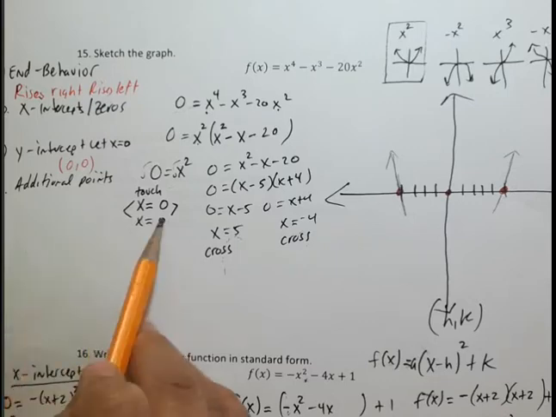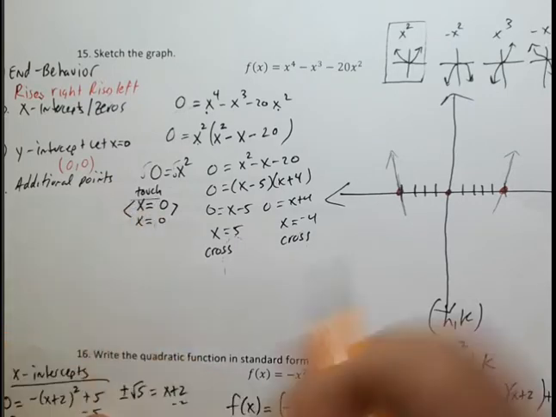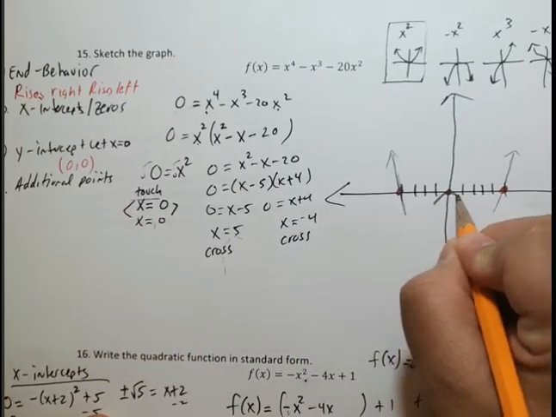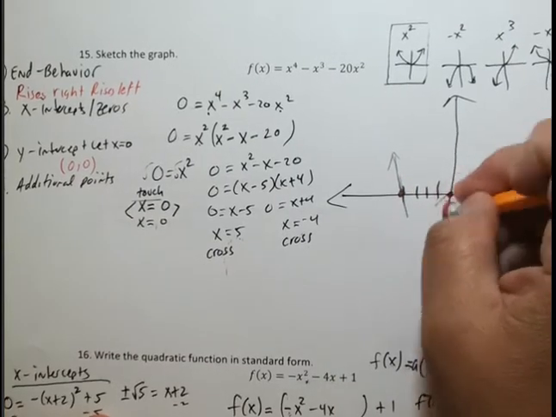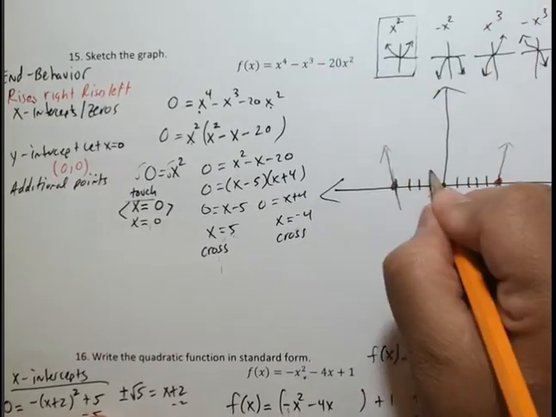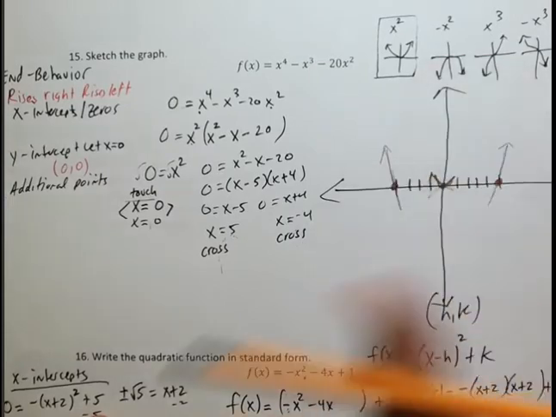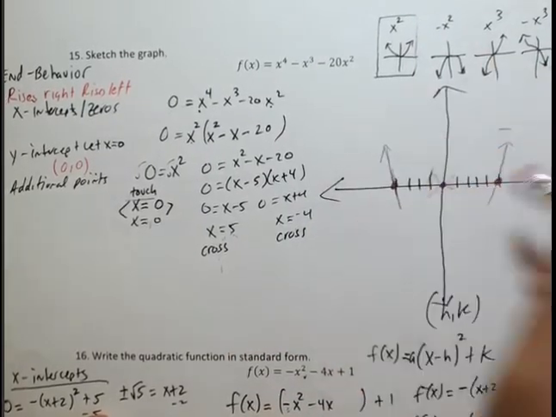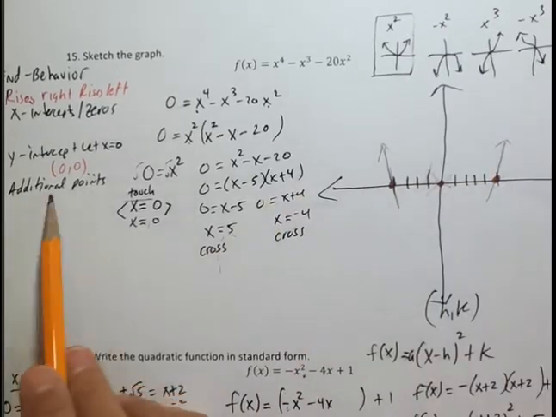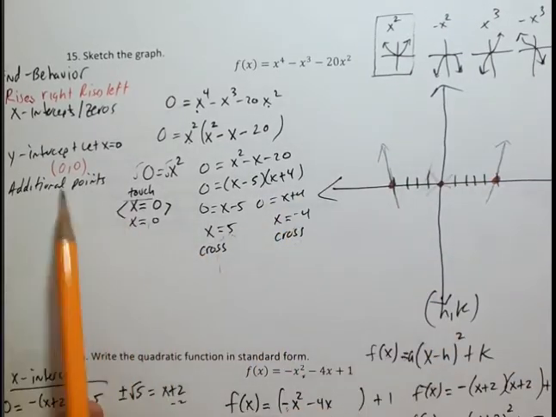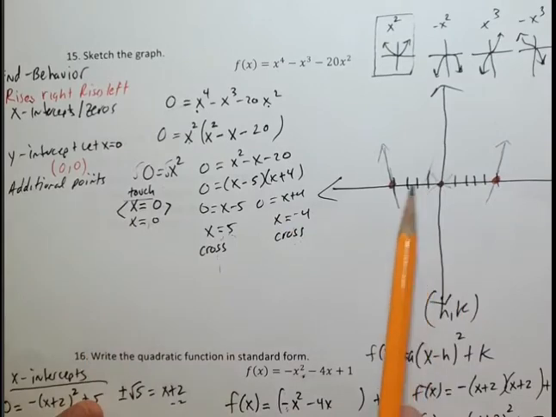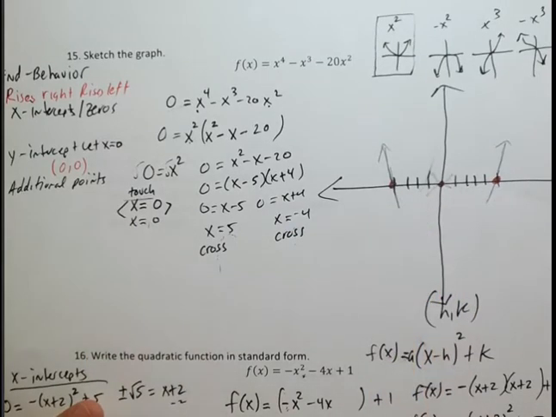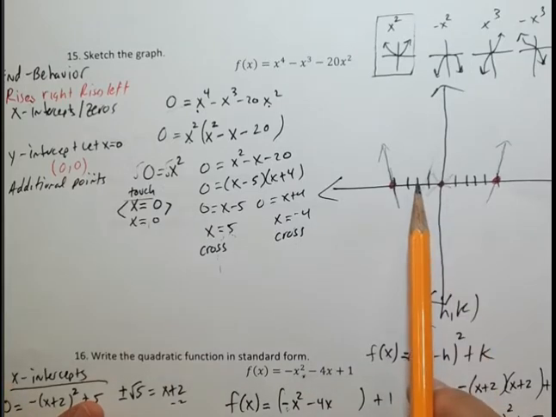At x equals 0, the graph is touching, so we don't know if it's this way or this way. It might be either or, right? In order to decide, we need to pick additional points so we can know what's going on. I would encourage you to choose them in here so you can better graph it. Is it going to be up here or down here?